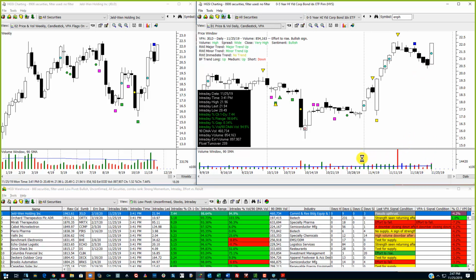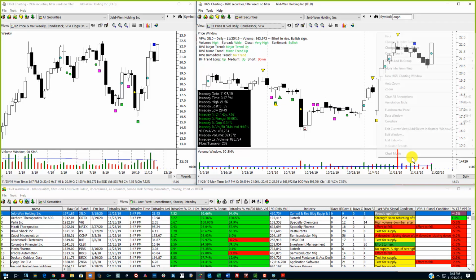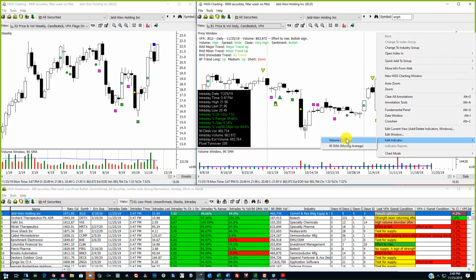I think it makes more sense, and I'm updating right now, to change it so we see that where there's a volume change, the colors correspond to that rather than open to close. It's just always been traditional on candle charts to have it open to close.